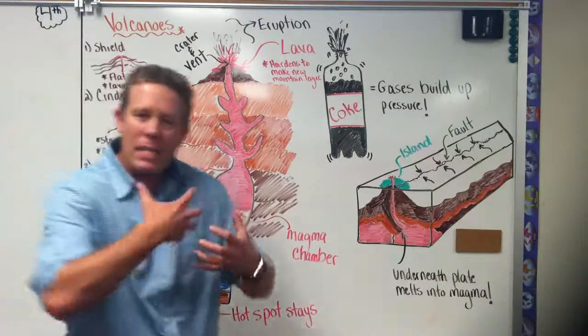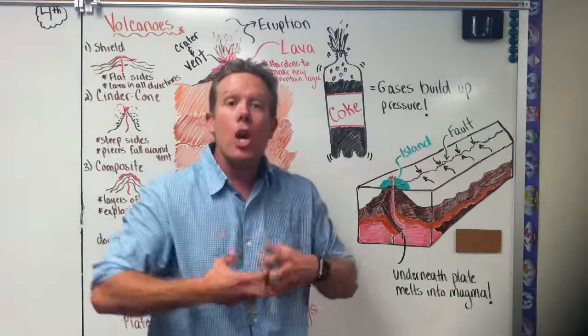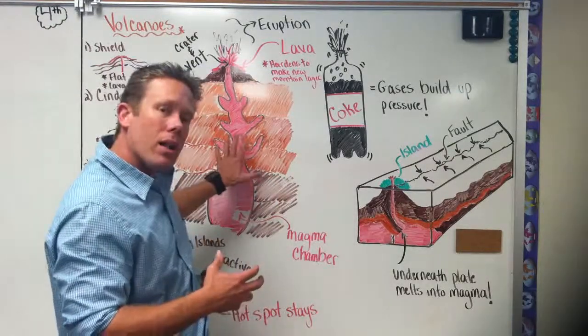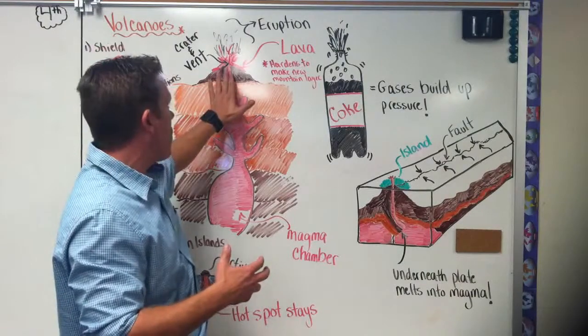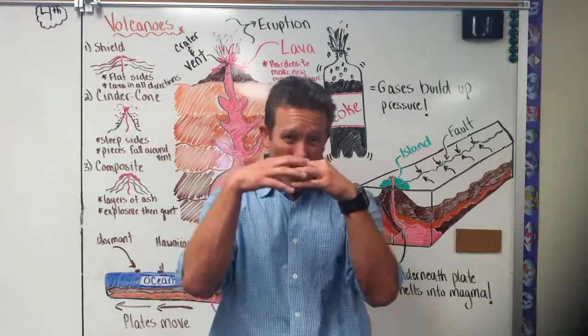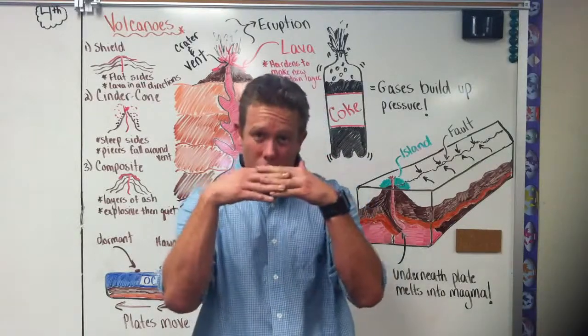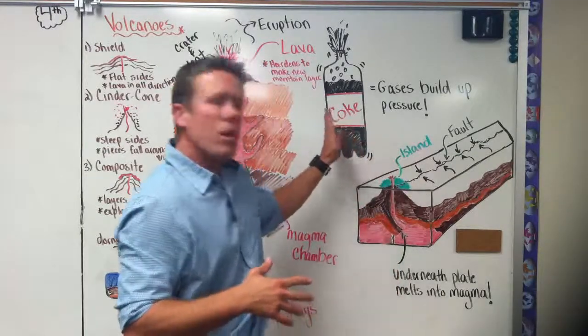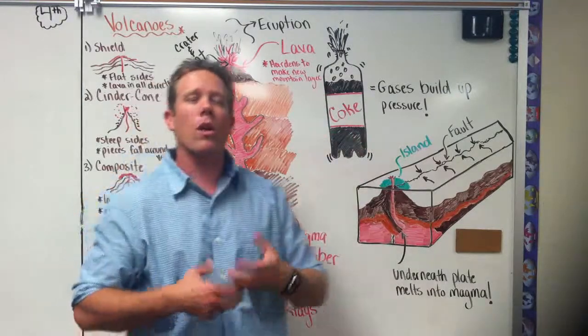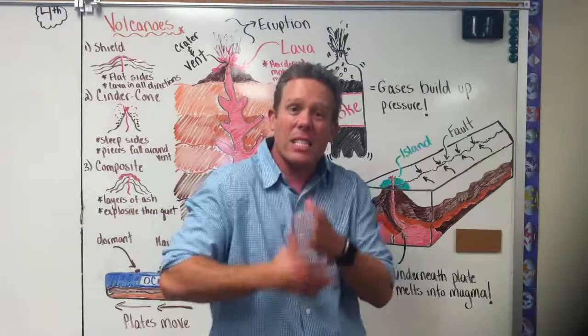Now this gas and the pressure and the heat starts to build up, okay? And after a while it starts working its way to the top. The top of the Earth's crust may be closed, but similarly to a soda bottle here, you can see the Coca-Cola Classic is filled up with gas.